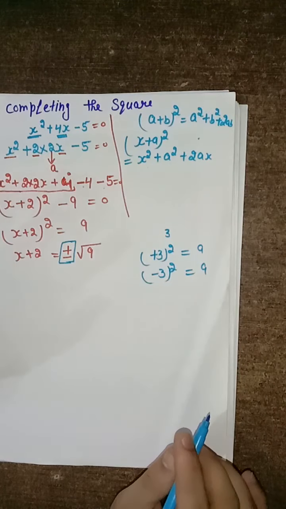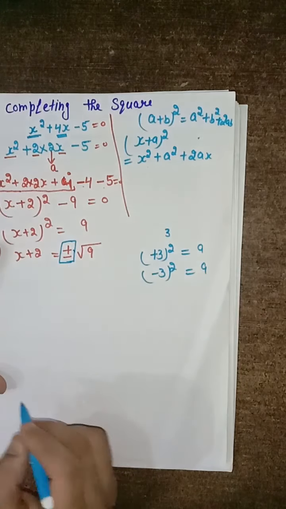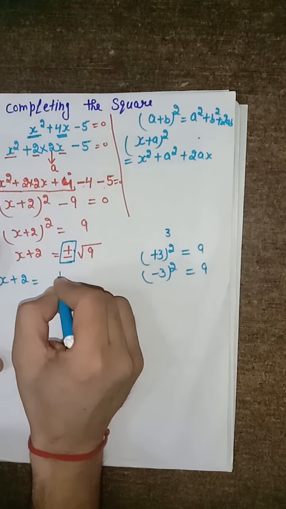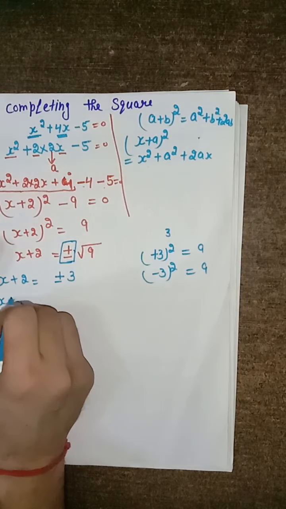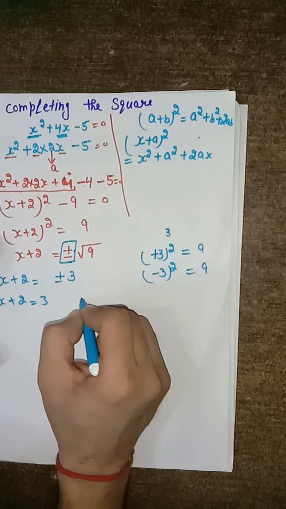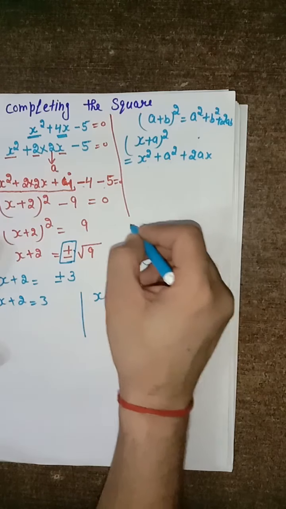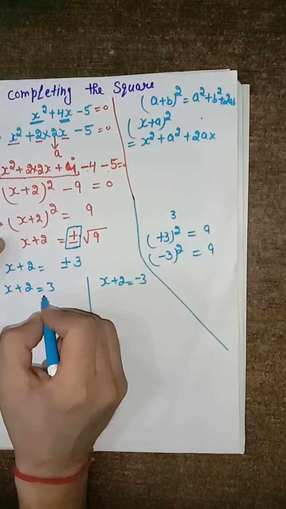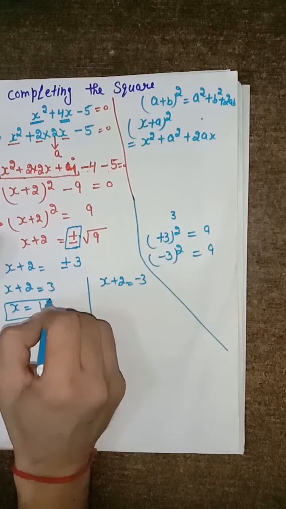There will be 2 roots. So first one will be positive and second will be negative. Now x plus 2 equals plus minus 3. Now x plus 2 equals 3 or x plus 2 equals minus 3. Now if x plus 2 equals 3, then x will be 1.